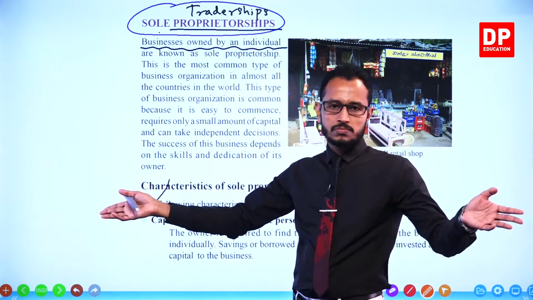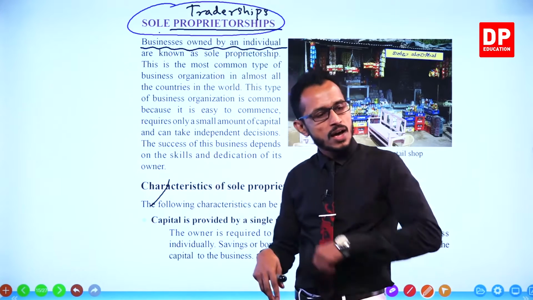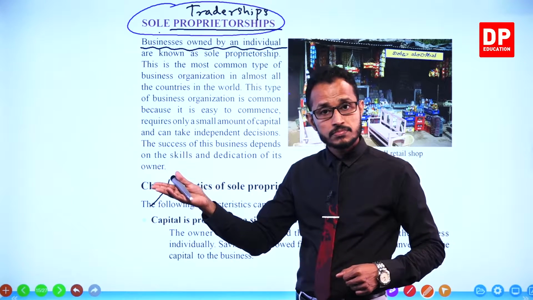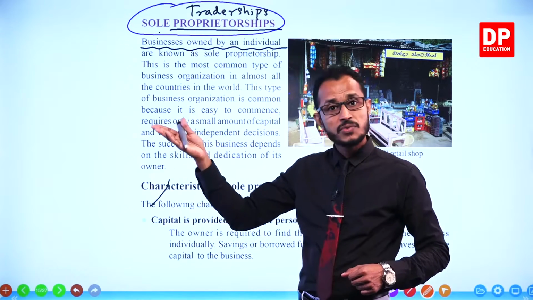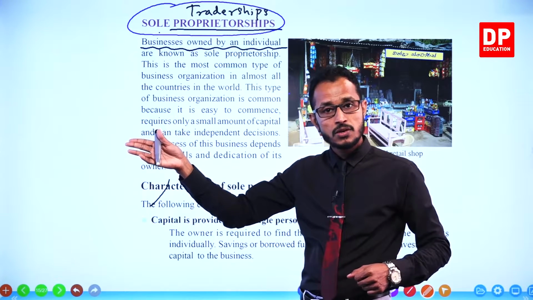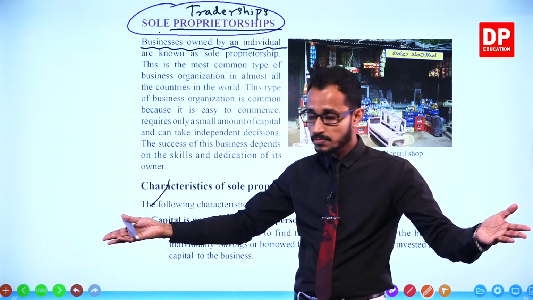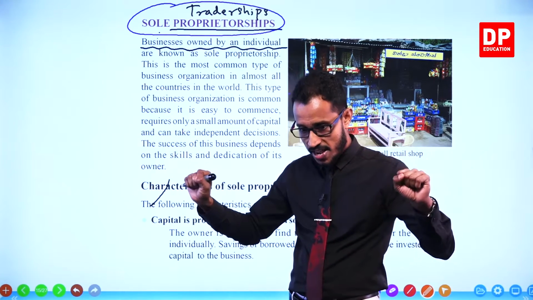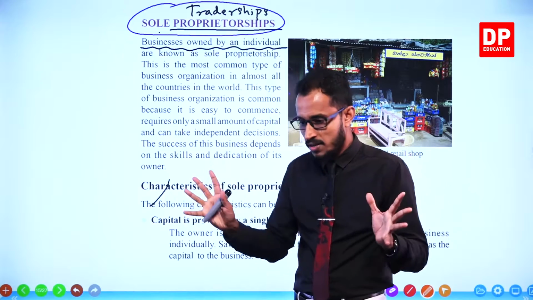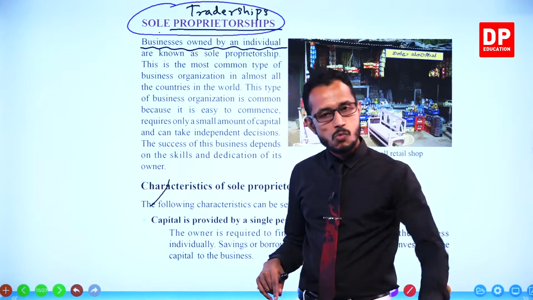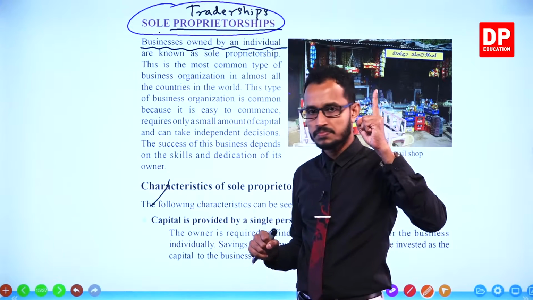Everywhere you go, inside Colombo, outside Colombo, far away cities, far away regions, or in another country even, most of the time the most common businesses are these one owner businesses.